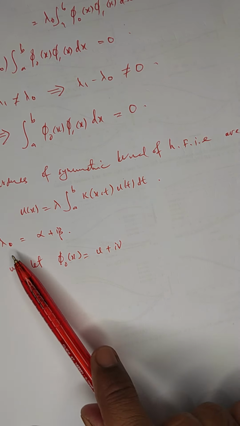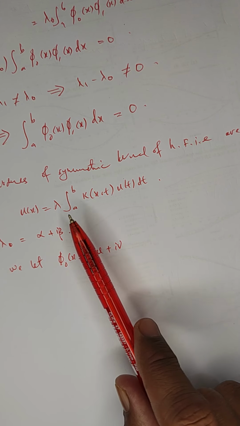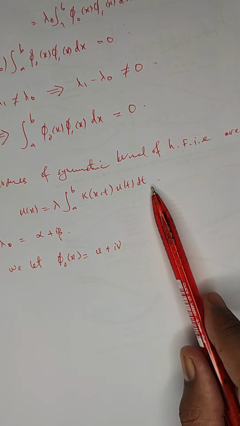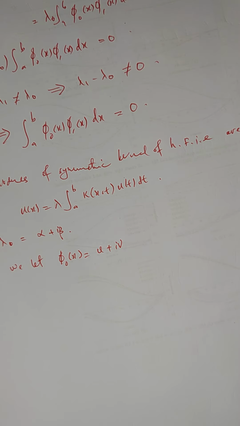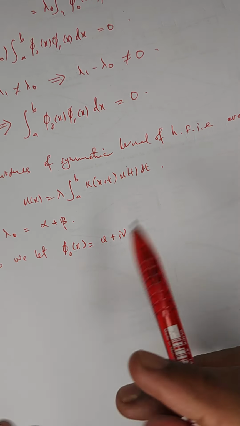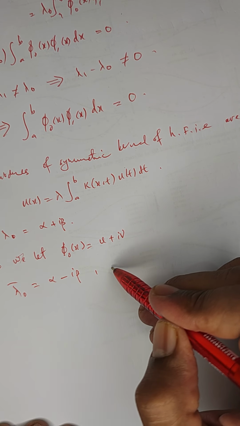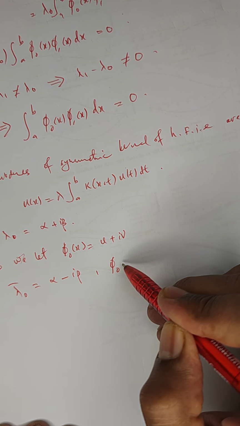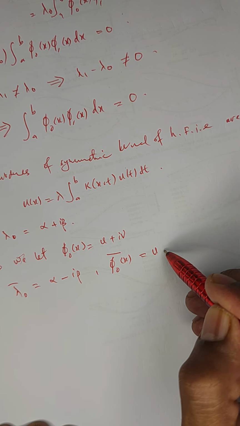And therefore, if lambda naught is the eigenvalue for that equation, the conjugate of it is also the corresponding eigenvalue. So we can have lambda naught bar equal to alpha minus i beta, as well as the eigenfunction conjugate, u minus iv.